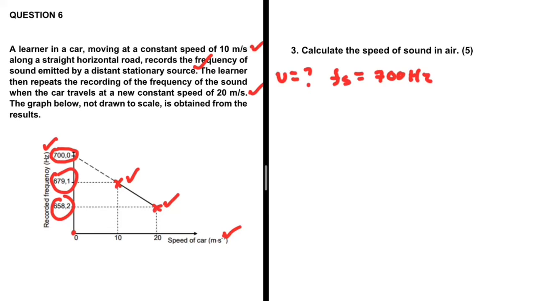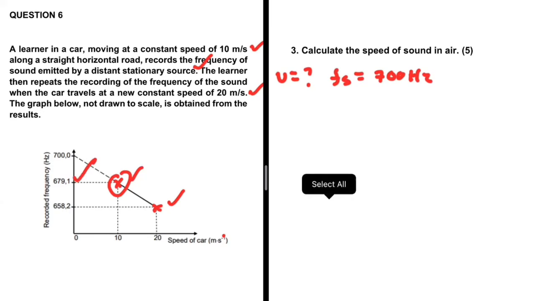We have 2 data points we can use. You can use this first data point or you can use the second one. If you use this point, you have FL and its corresponding VL, and if you use the second point, you have FL and its corresponding VL. So whatever point you decide to use between these two, you're going to get the same answer.